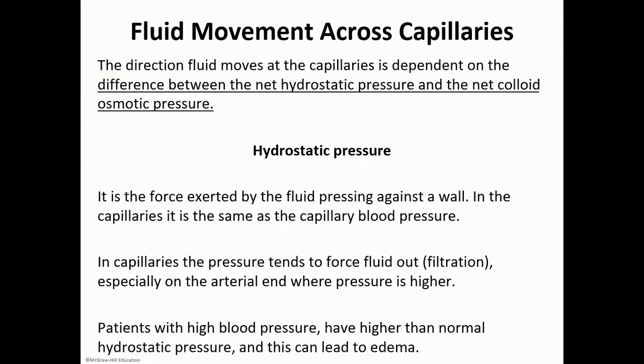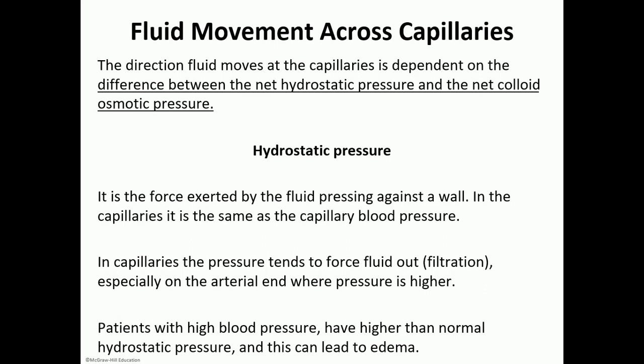Fluid movement across capillaries is dependent on two different pressures: hydrostatic and colloid osmotic pressure. These two pressures are going to come back when we talk about how the kidneys make urine, so these are two pressures you really want to understand. Hydrostatic pressure pushes things, or filters things, out of the capillary.